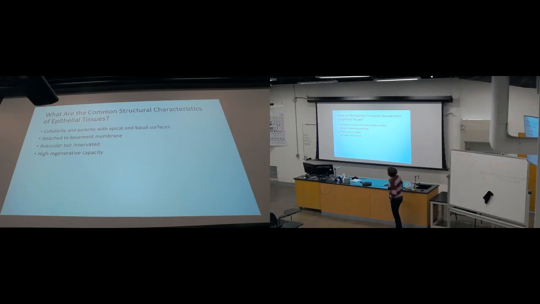And then something that is highly characteristic of epithelial tissue is that it's highly regenerative. So that means that it can repair and replace really quickly. When someone has cancer, guys, and the person receives chemotherapy, oftentimes or most of the time, the hair falls off, and then the person has gastrointestinal problems like diarrhea.